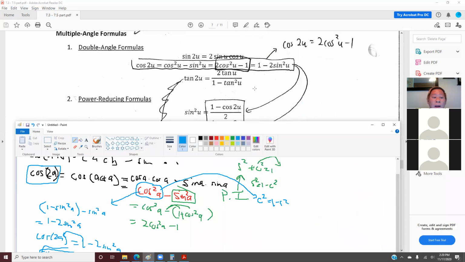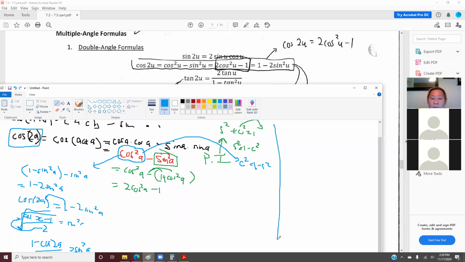I also want to point out to you guys about this double angle. This double angle formula that we have, for example, sine 2u is 2 sine u cosine u. You can also use this for even angle formula. What is happening with the even angle formula is, if this is 2u, you get sine u cosine u.